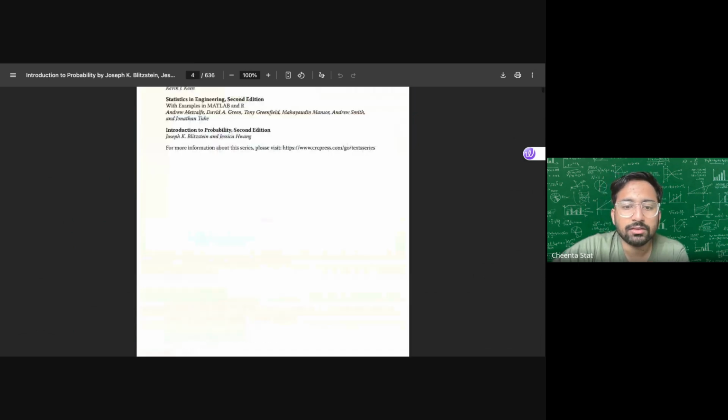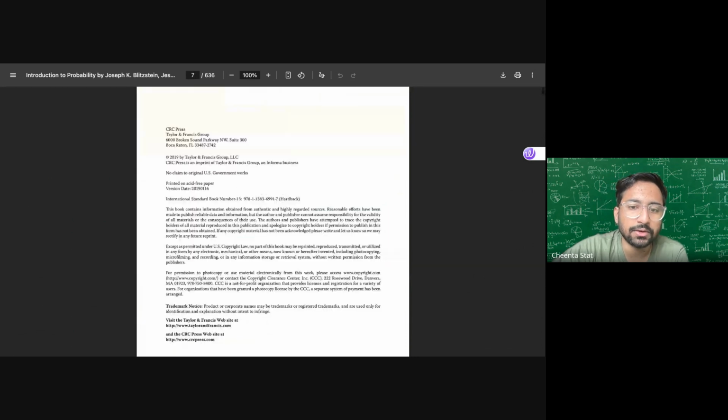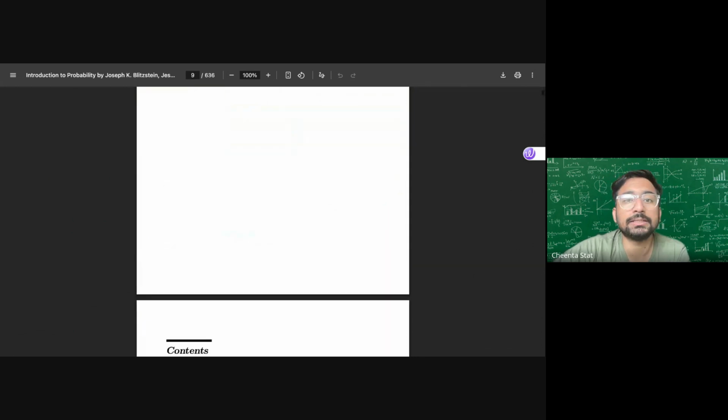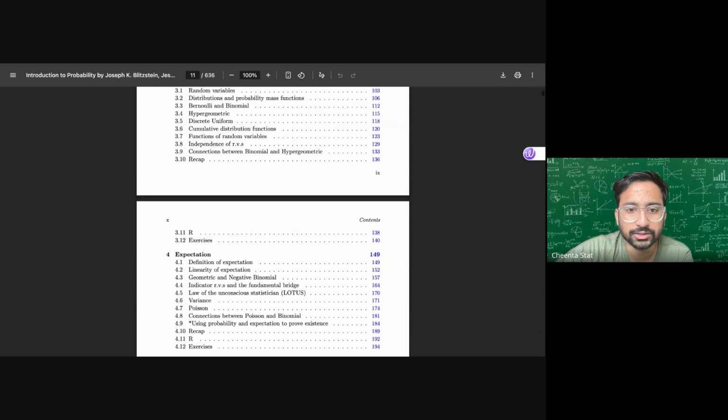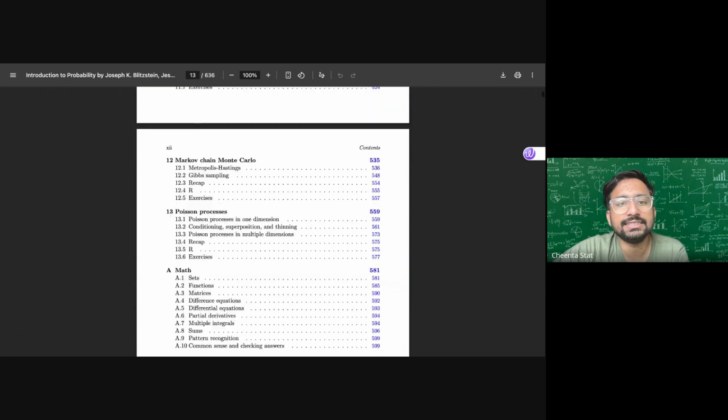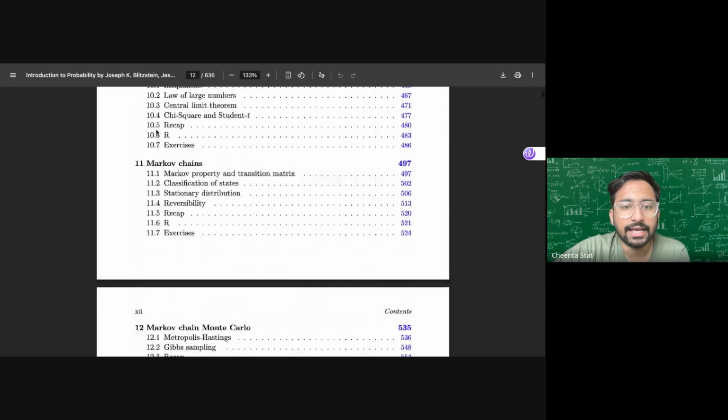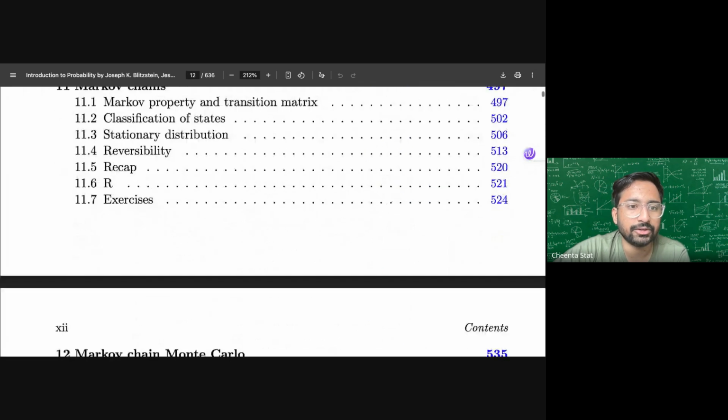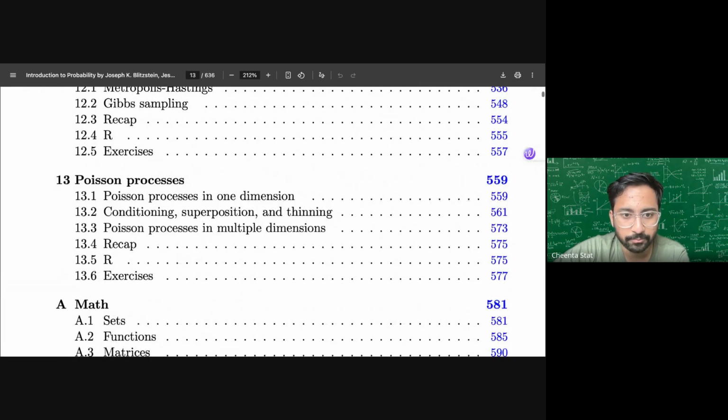The stochastic process section contains two aspects, one is Markov chain and one is Poisson process. As you can see, it is nothing but the 11th chapter and 13th chapter of this book. So this is what you just need to do, and if you are following this book, this is not hard.